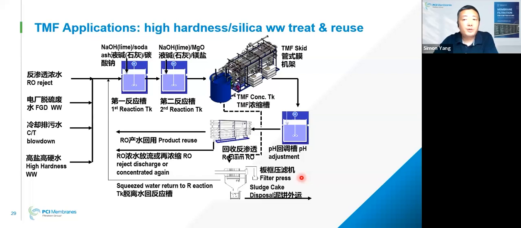Still, remember that if no TMF, we'll have to set a flux tank, clarifier, multimedia filter, OV filter, and hollow fiber UF to protect subsequent RO, which is the so-called traditional long treatment process.